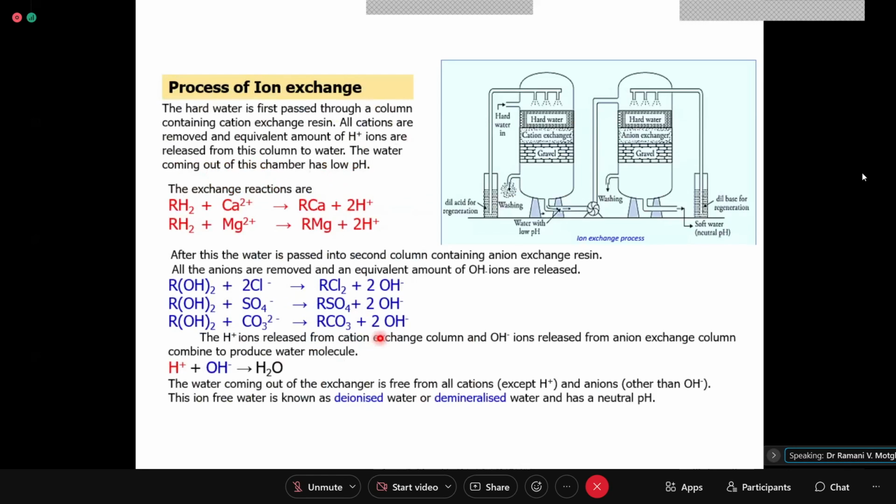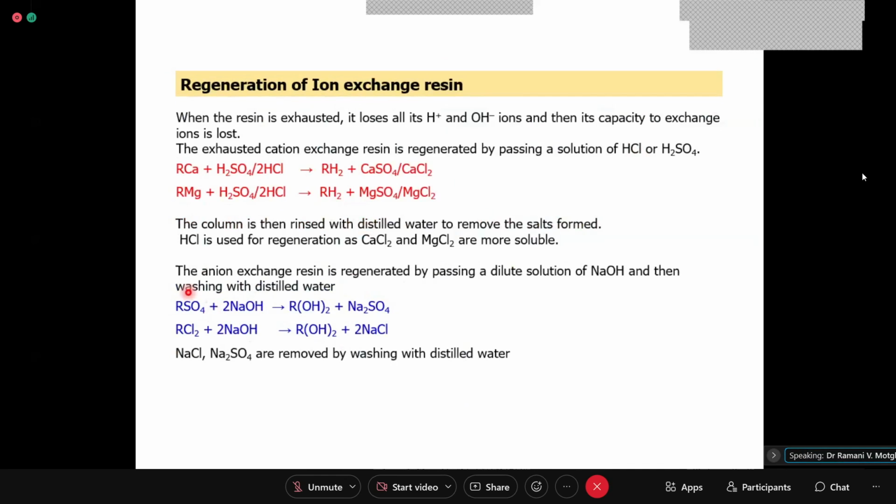So when you stop the raw water supply and add NaOH, a few liters of NaOH is sufficient, and then you wash it nicely and collect the washing separately here. This will regenerate the exhausted anion exchanger resin.